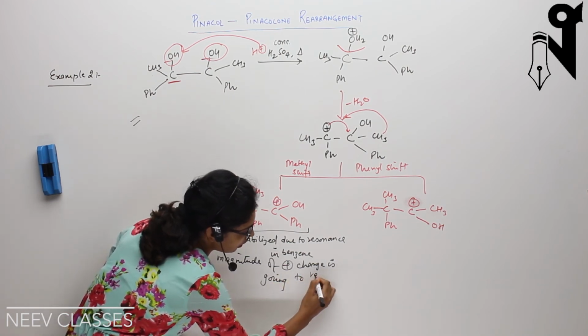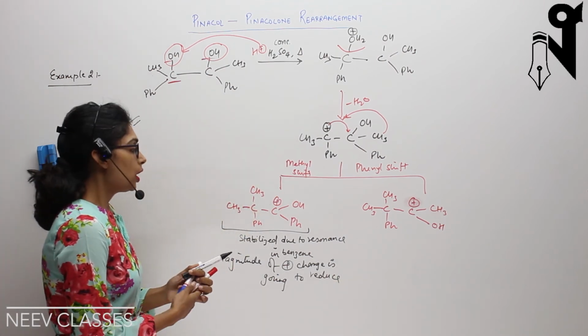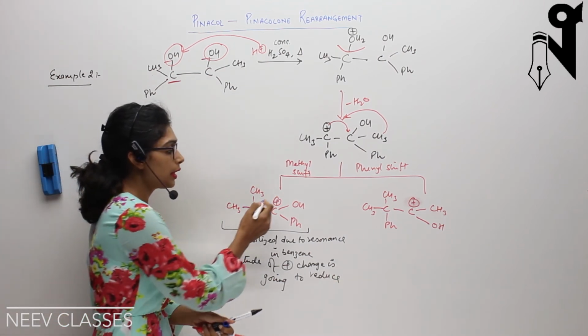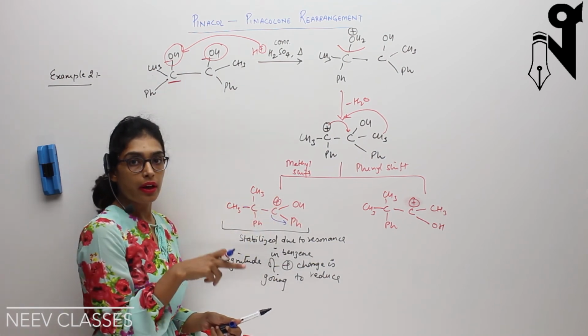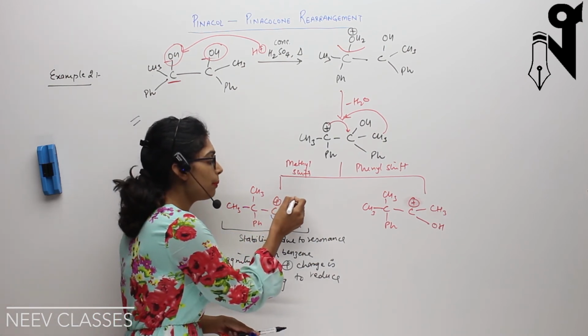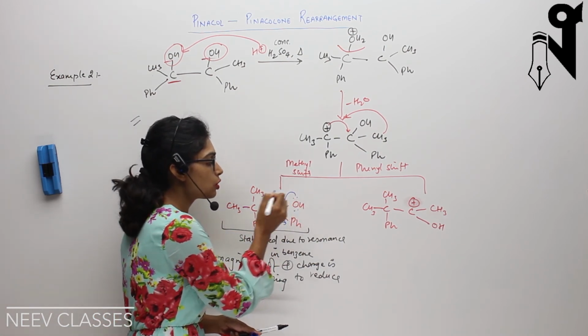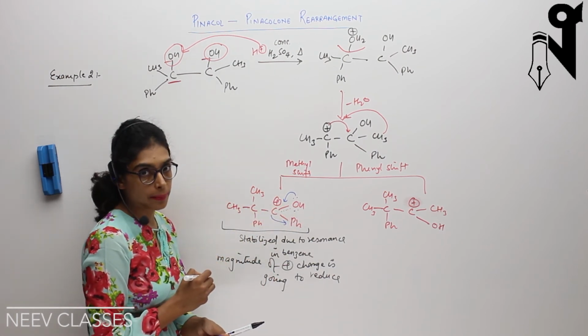Why is it going to reduce? Because this plus charge will not be localized to this carbon. Instead, it'll move to the benzene ring, it'll do resonance over there. So the overall plus charge is very less, and hence this will not be able to attract the pair of electrons of oxygen toward itself and will not be able to make the double bond effectively.